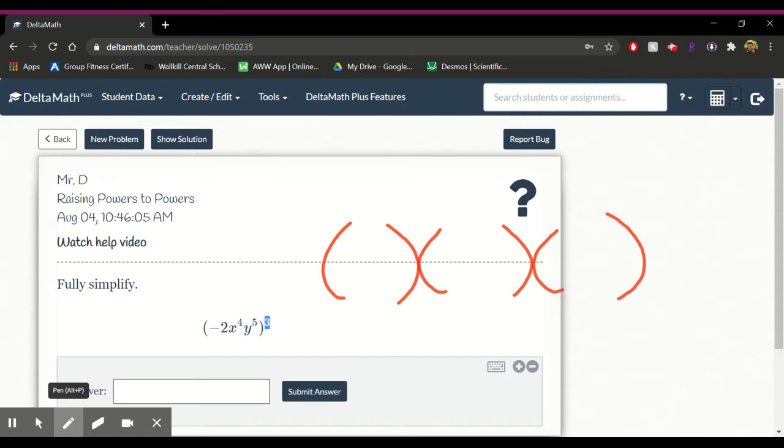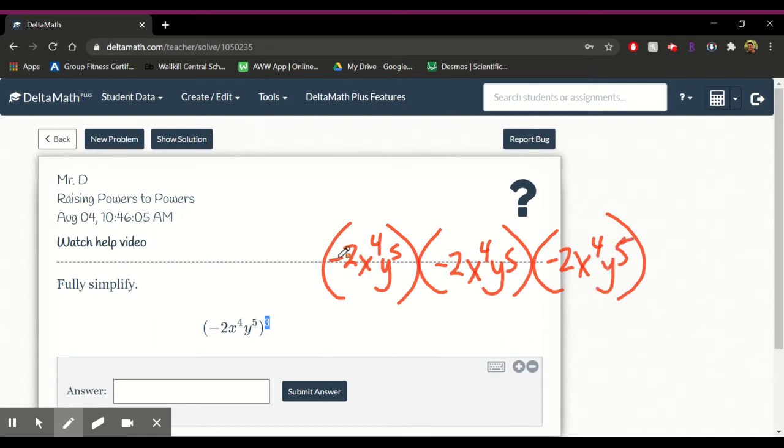So we have negative 2x to the 4th, y to the 5th, three times. Write that all out, nice and neat.